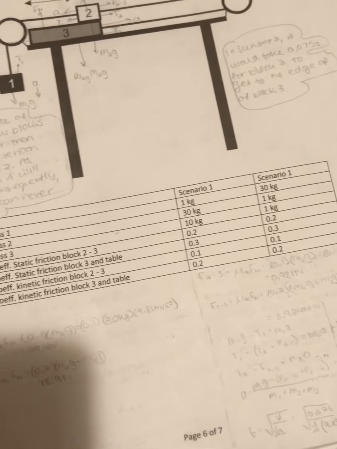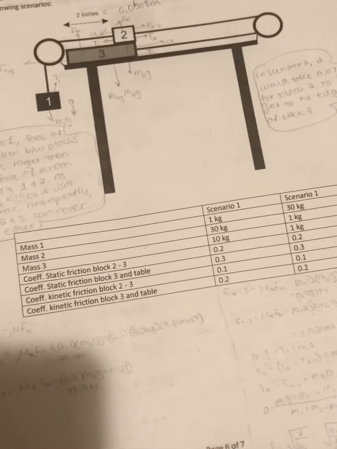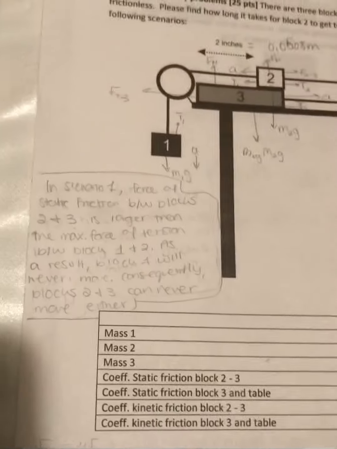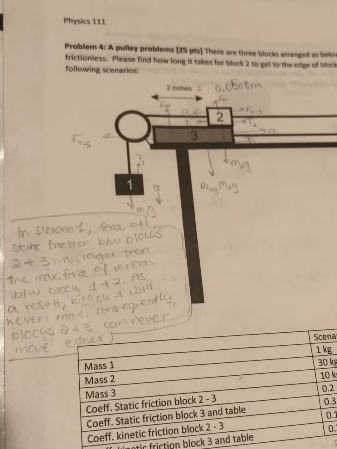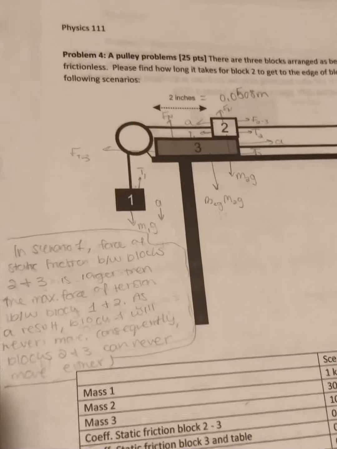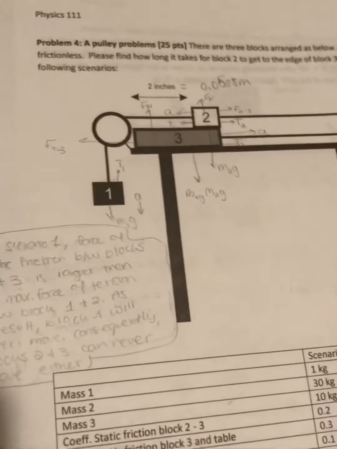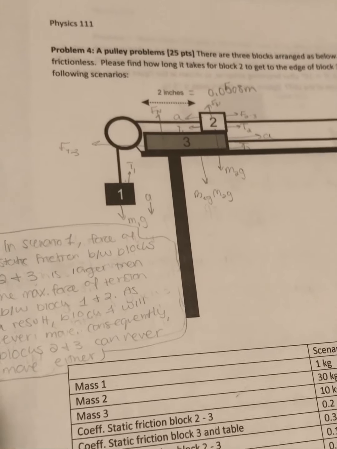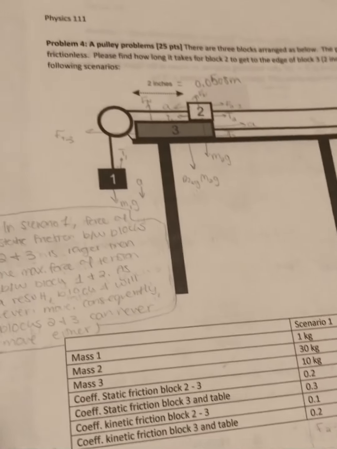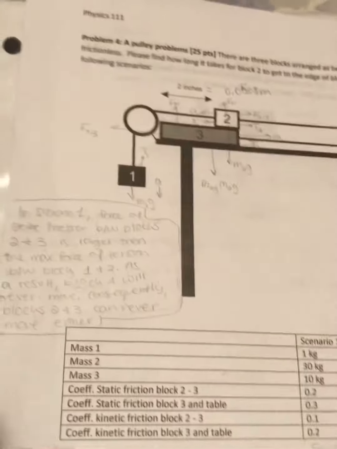Regarding the tension, I said in scenario 1 the force of static friction between blocks 2 and 3 is larger than the max force of tension between blocks 1 and 2. As a result, block 1 will never move. Consequently, blocks 2 and 3 can never move. So that's impossible.